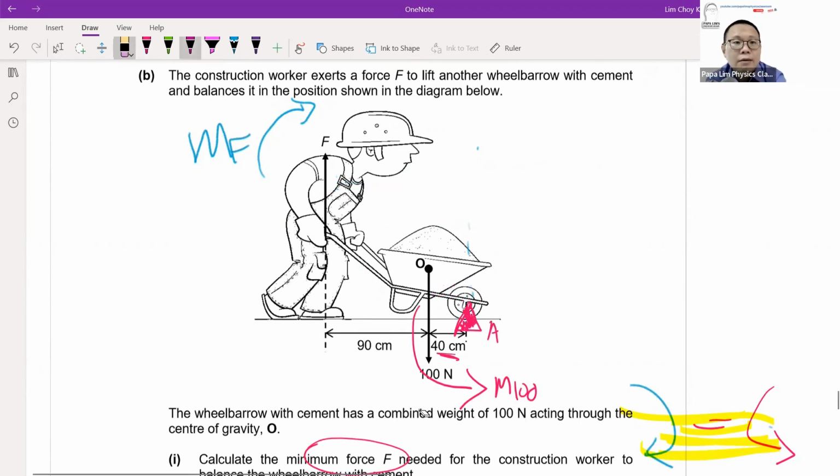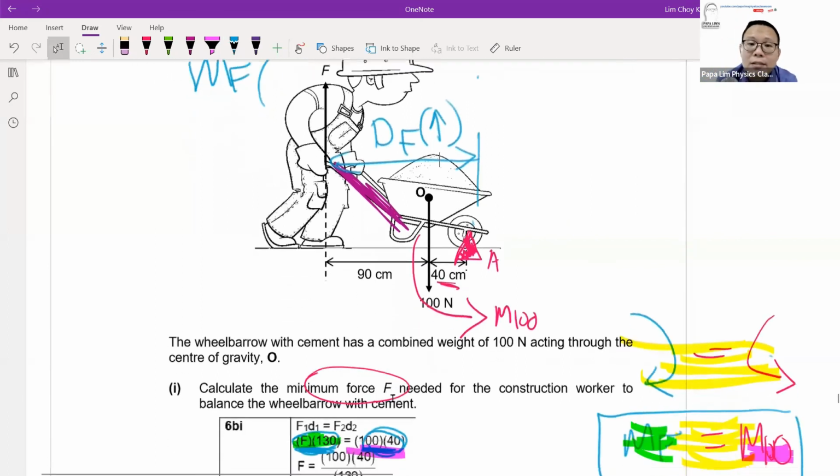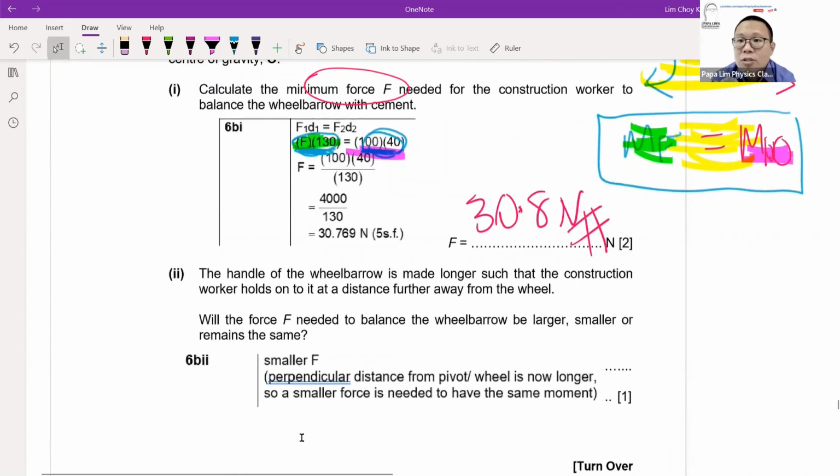If I increase the length of this handle, it will mean that the perpendicular distance DF will increase. With a longer perpendicular distance, I do not need a big force. I will need a smaller force to balance the wheelbarrow.